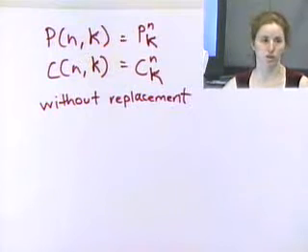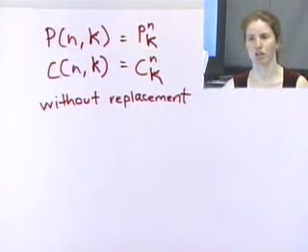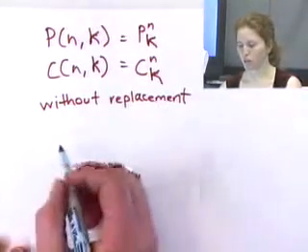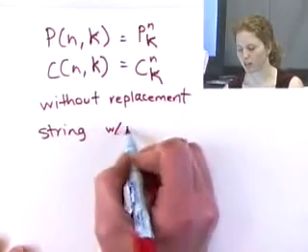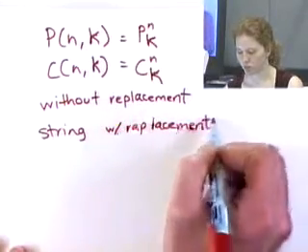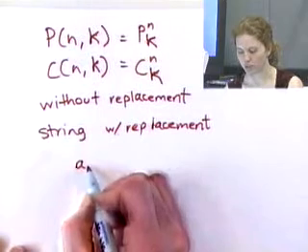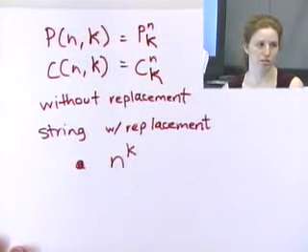If you don't know that, strings are like arrays and order matters. So the first element's different than the second, and I care which one is which. So any string problem with replacement, that's a permutation, but you usually just figure out your alphabet size and raise that to the number of letters in your string.